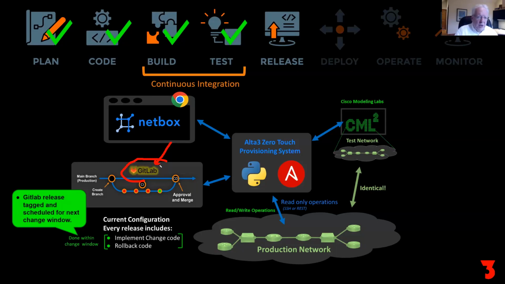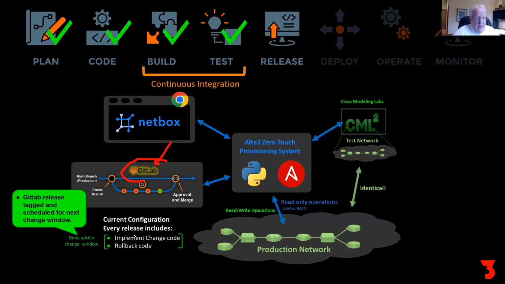GitLab allows you to run your own server for the price of, it's free, it's open source software, and you would run that against your particular network, right? And by the way, you can track the issues and everything else. It'll work just like the one that's in the public domain. So our favorite tool here is GitLab, in case you're wondering.